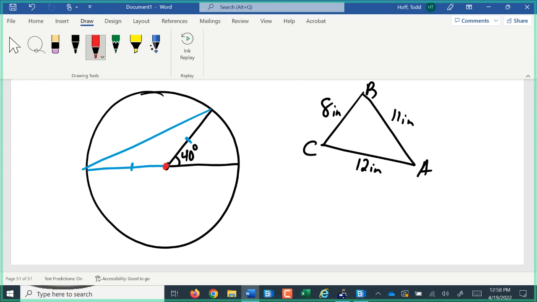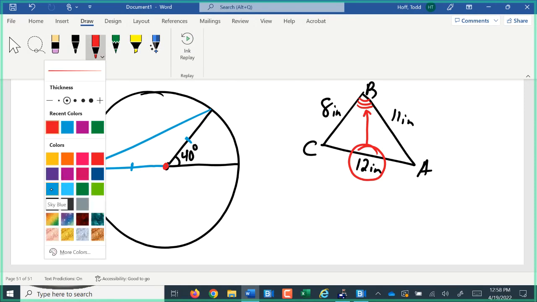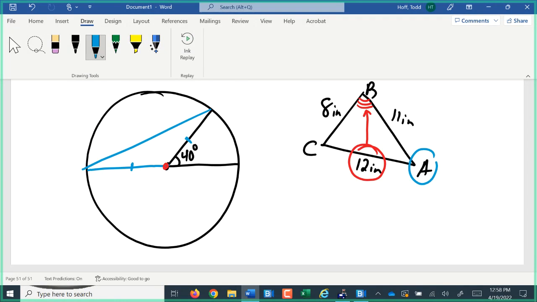B. Why would I say B? The angle is opposite the largest side, right? The largest angle in a triangle has to be opposite the largest side. Which angle has to be the smallest? Angle A, because it's opposite the smallest side.